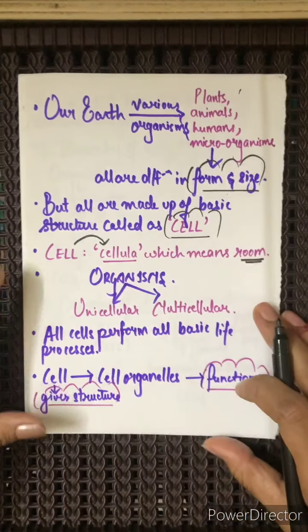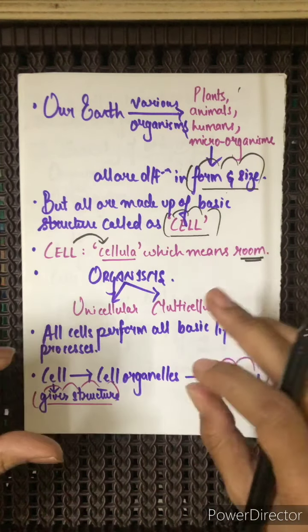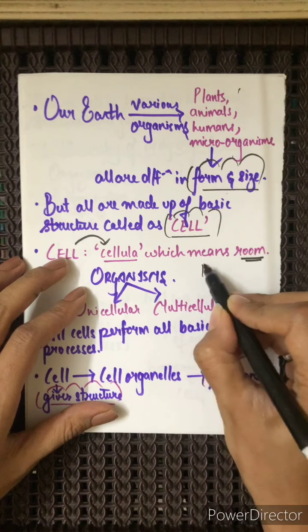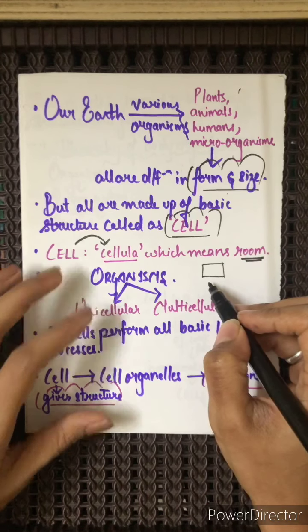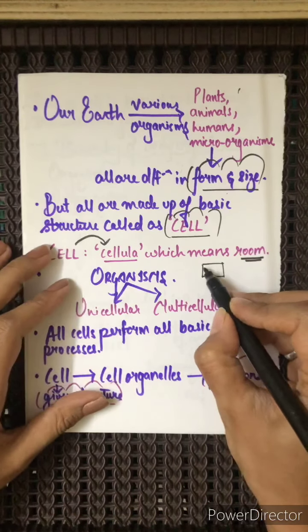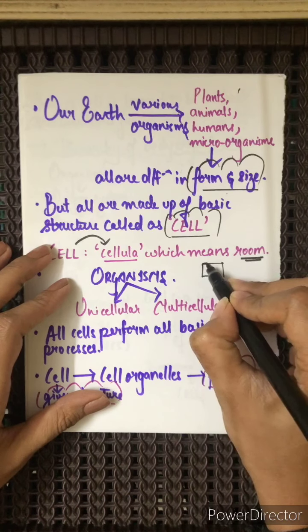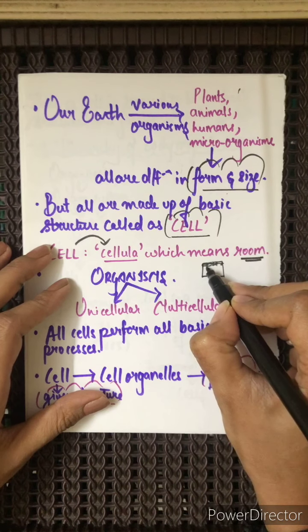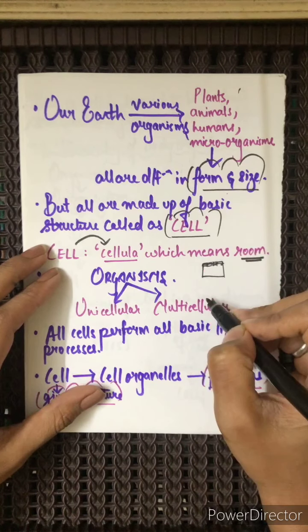Now for example, if we talk of a room, the walls of the room are constructed of what? They are constructed of bricks. So the room is constructed of many bricks, and a single brick is the basic unit from which the whole room is constructed.